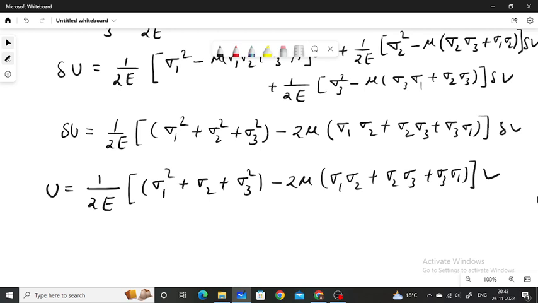Okay, this will be the total strain energy. U is equal to 1 by 2E sigma 1 square plus sigma 2 square plus sigma 3 square minus 2 mu sigma 1 sigma 2 plus sigma 2 sigma 3 plus sigma 3 sigma 1 into volume.